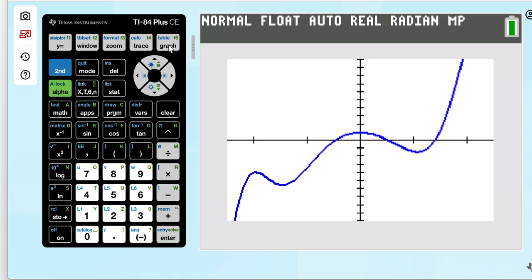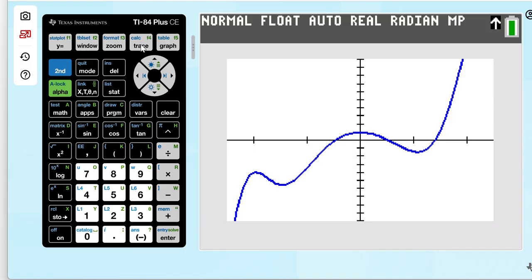And when I graph this, I can see that there is very clearly only one place where the derivative, which is this function, goes from positive to negative, somewhere between 0 and 1, right? It goes from negative to positive here, so we'd have a minimum, and negative to positive here, so we'd have a minimum. But we go from positive to negative here, which gives us a maximum.